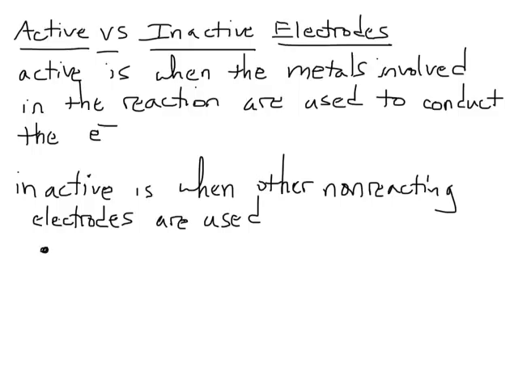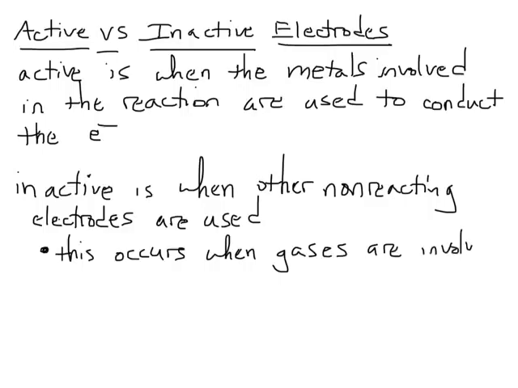Inactive electrodes occur in two different cases. We would want to use an inactive electrode if one of the chemicals we're using is a gas. When gases are involved. If you think about it, a gas isn't a metal.